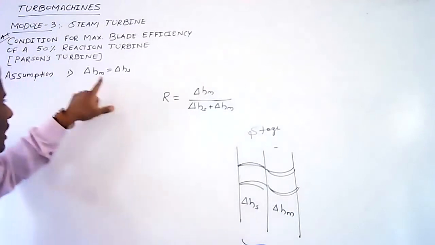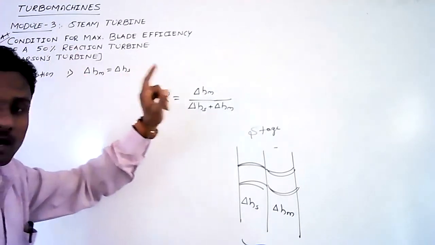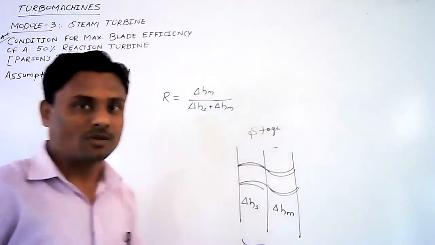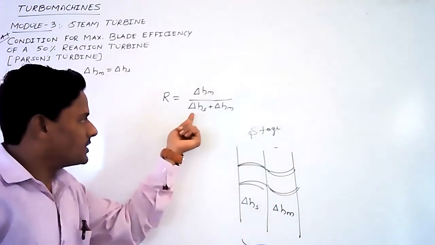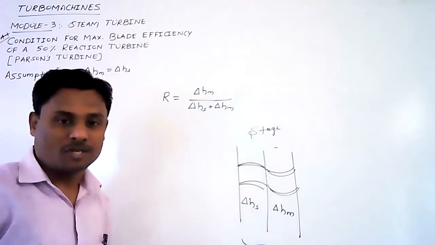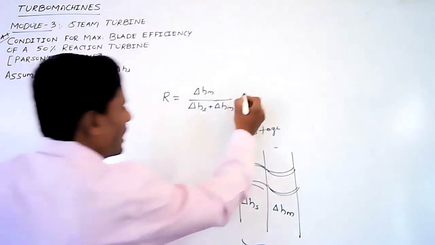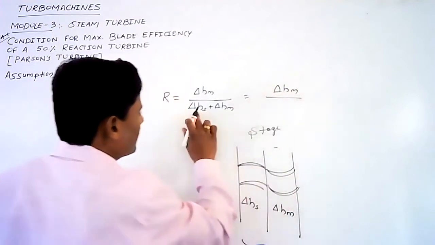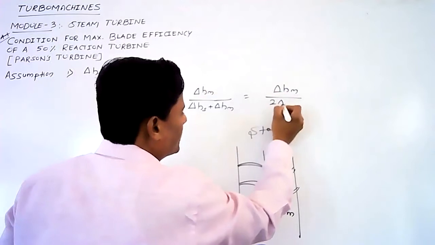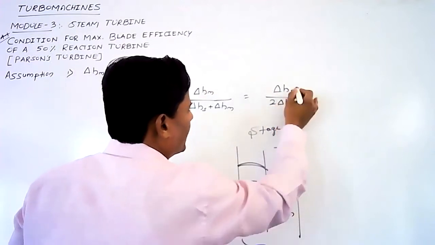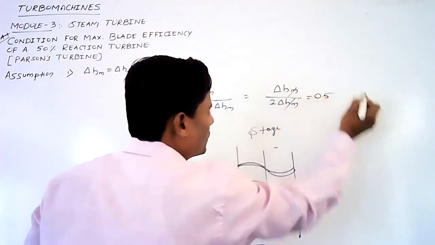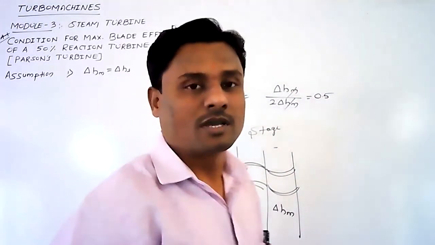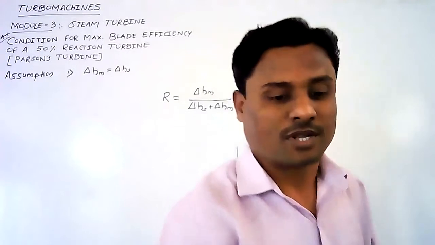If R is 50%, or R equals 0.5, what should be the necessary condition? The necessary condition is delta HS equals delta HM. Therefore I can write delta HM divided by 2 times delta HM, so both cancel, ultimately giving 0.5 or 50%. This is the first main assumption made in the analysis of a 50% reaction turbine.